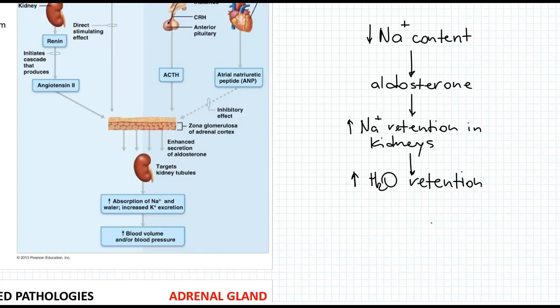So this is your negative feedback. Low sodium content, aldosterone, increased retention, increased sodium content. Okay, so far we're good.